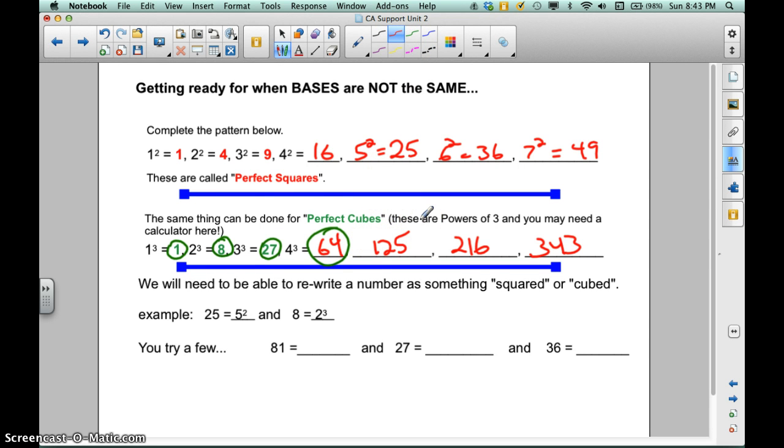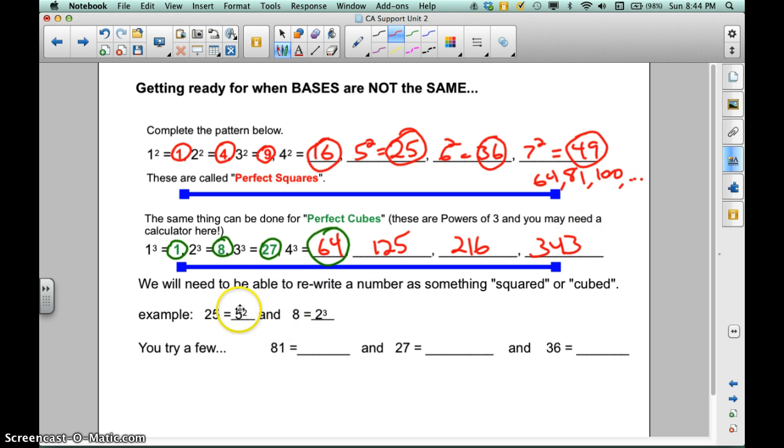For perfect squares, it's expected that you will recognize all of them up to 10 squared at least, and maybe even up to 12 squared. So practice those in your head. You're going to need to be able to rewrite a number as something squared or cubed. So the perfect squares: 1, 4, 9, 16, 25, 36, 49, from there 64, 81, 100, and of course you can keep going.